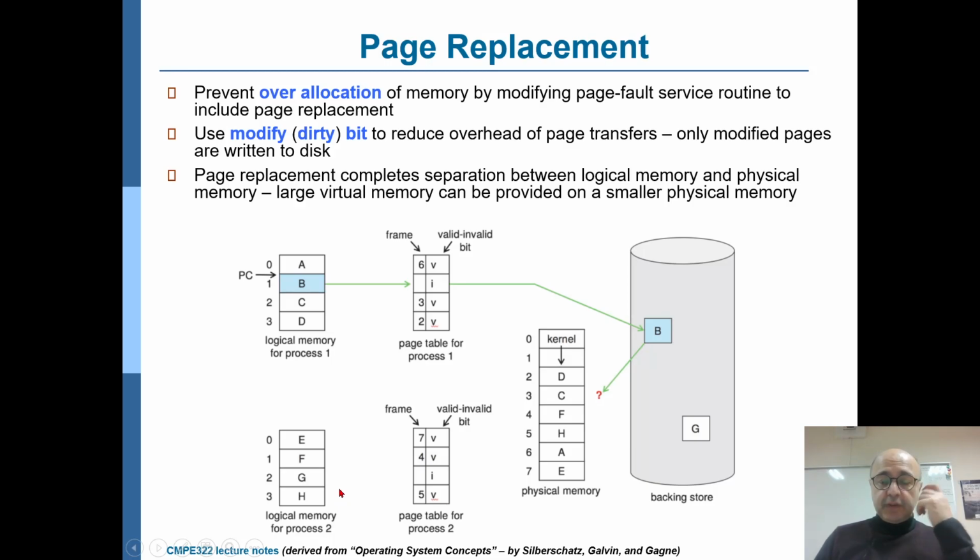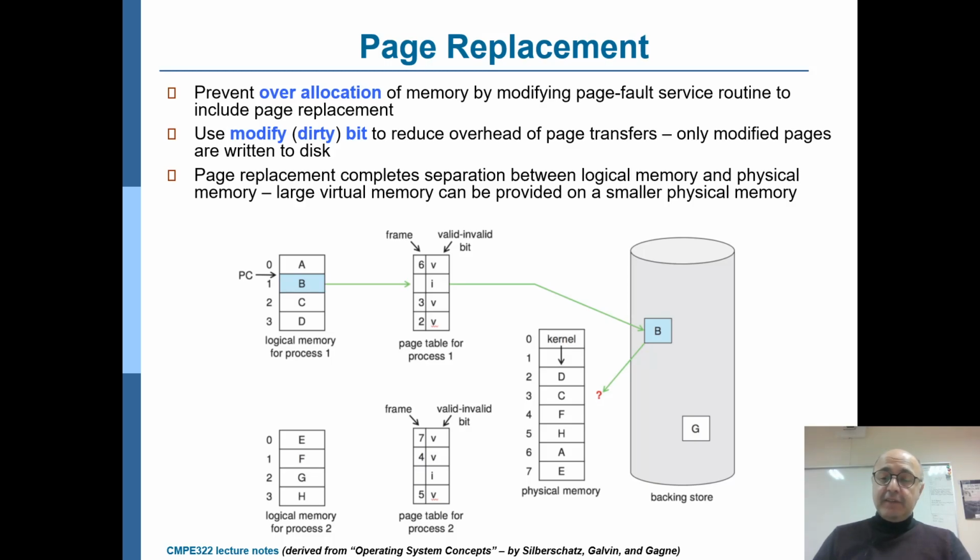We will discuss the pros and cons, and that will be written back to the backing store if it has been modified. Note that if that victim page has not been modified, we don't need to write it, because the copy in the memory and the copy on the backing store are the same. So if we can find a frame that's not dirty, that's better.